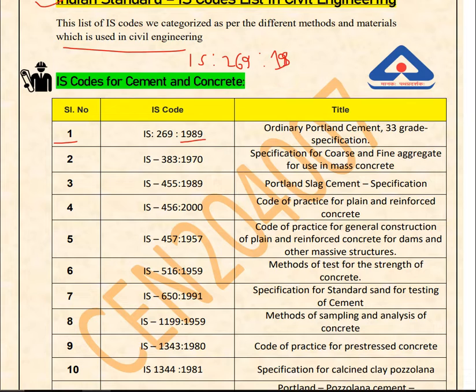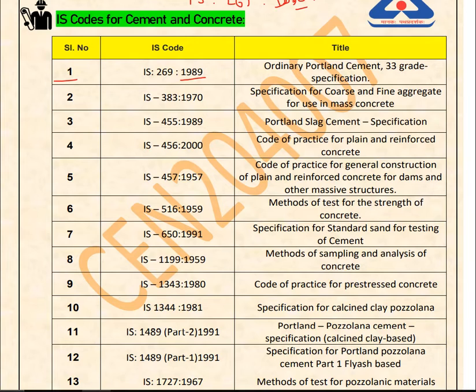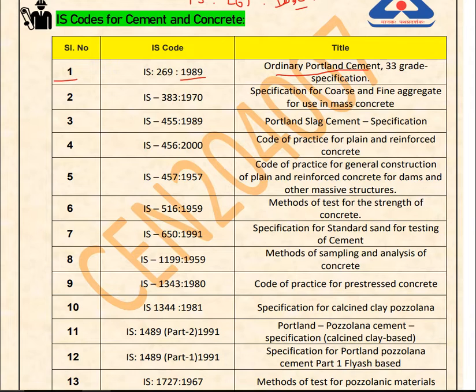This year signifies the last amendment year, or the year at which the act came into effect. So that is IS 269:1989, and the title is Ordinary Portland Cement 33 Grade Specification.